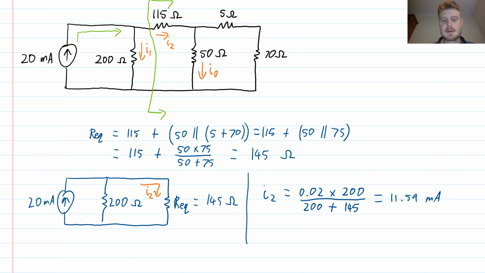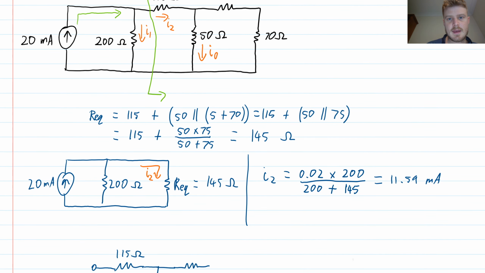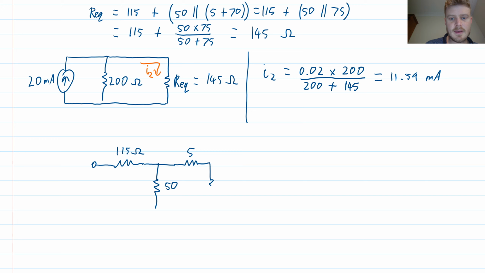So now, having evaluated this, I can go back to my original circuit and look at just this branch in isolation. So let me redraw the circuit that I was studying. The branch I've just been looking at consists of a 115 ohm resistor, which then splits off, it was 50 ohms, and 75 ohms on this side, and then it was connected back.